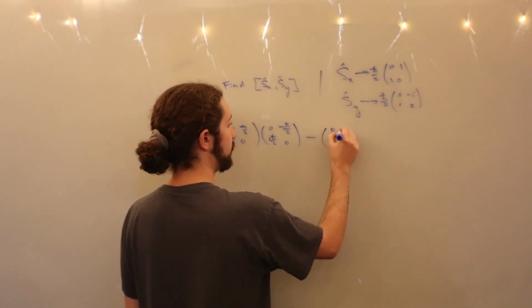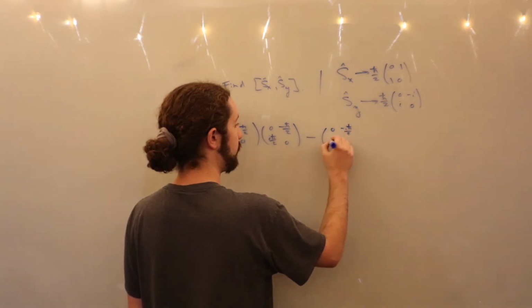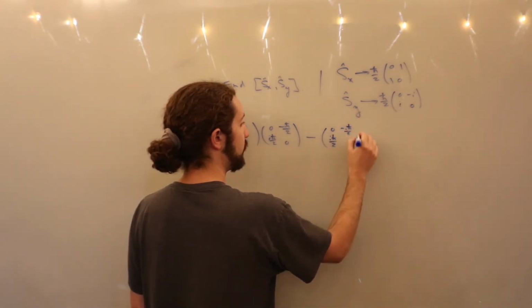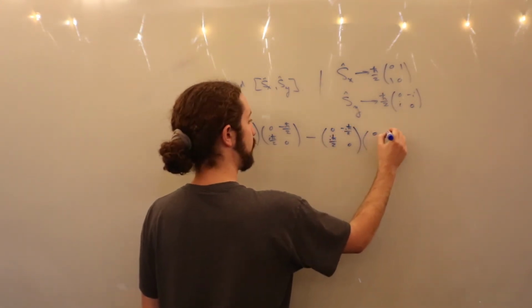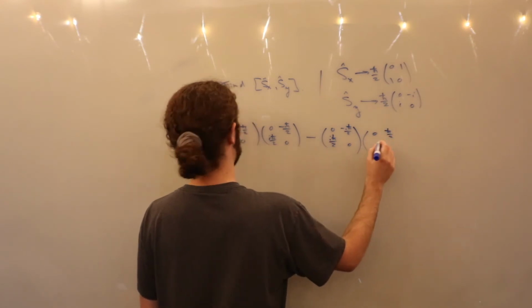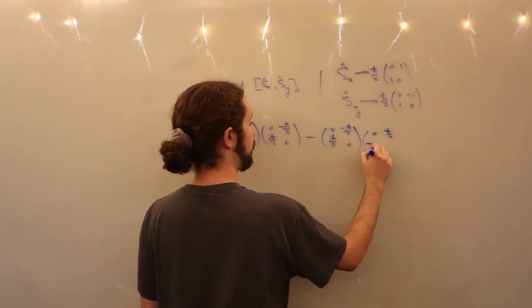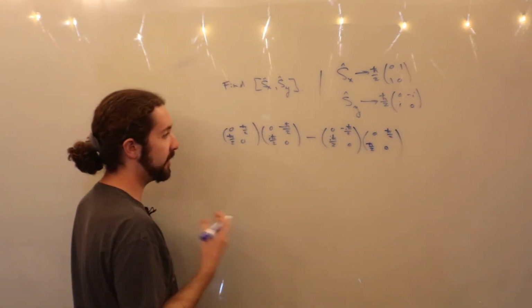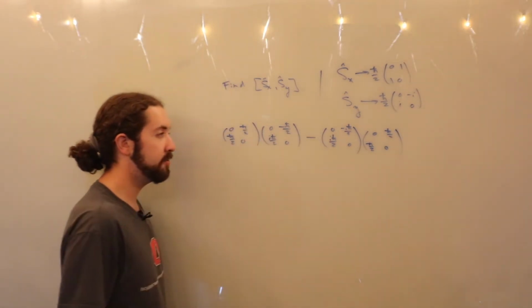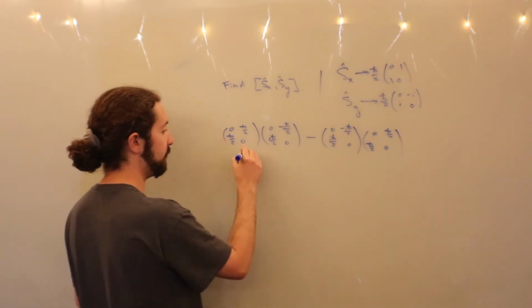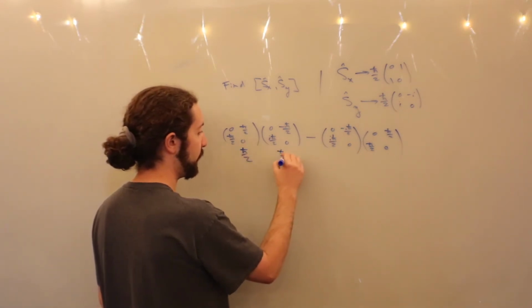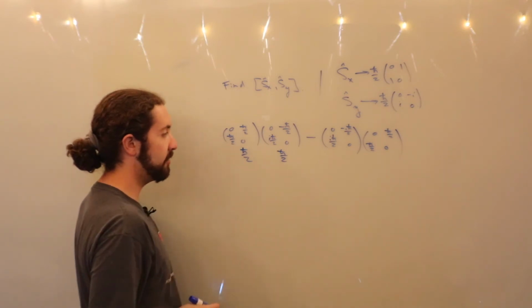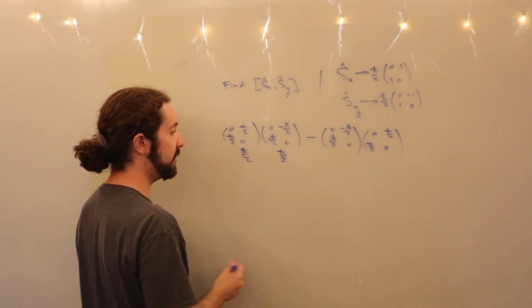So we're going to have 0, negative i ħ/2, i ħ/2, 0 times 0, ħ/2, ħ/2, 0. And of course, we could just factor the ħ/2 factors out. You're going to have one for each matrix, right? So if you want to factor it out of both and then just write it outside, that'll actually make this a little bit easier.